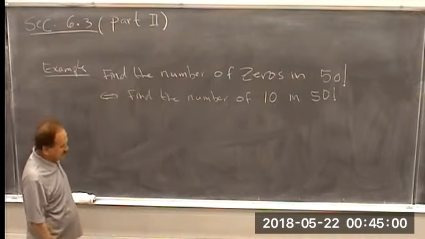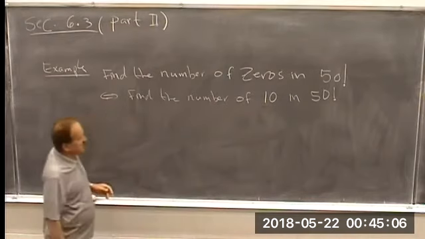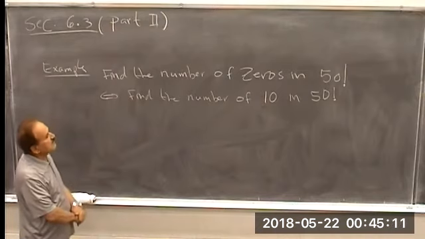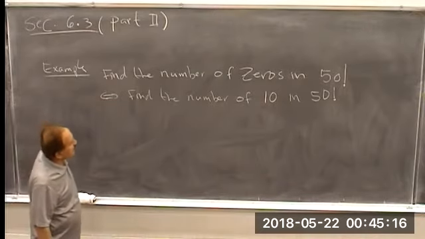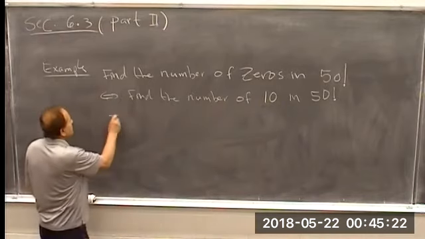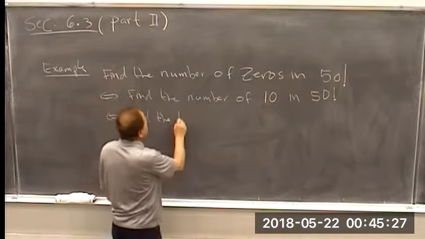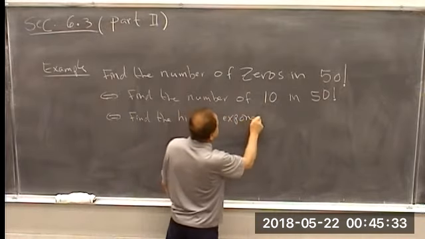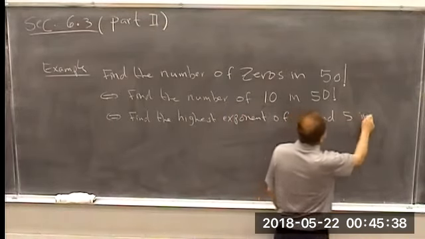The highest exponent of 10 that appears is going to give me how many zeros there are in the product. To do this, we take the 2 primes that make up the 10. So this is equivalent to finding the highest exponent of 2 and 5 in 50 factorial.